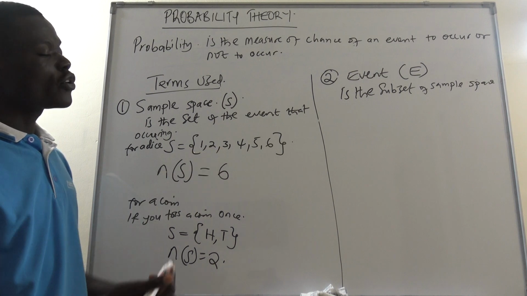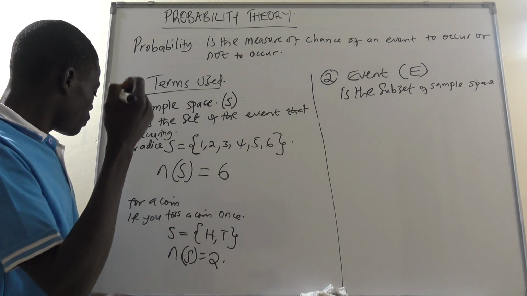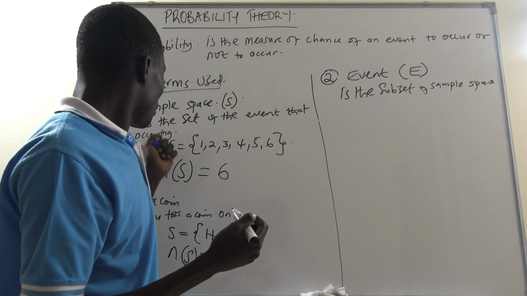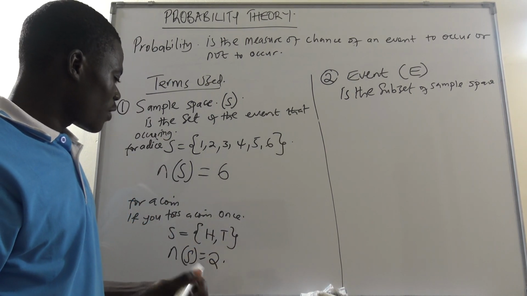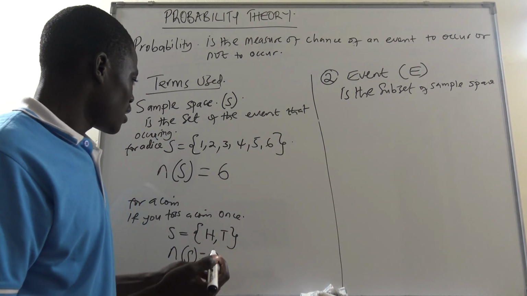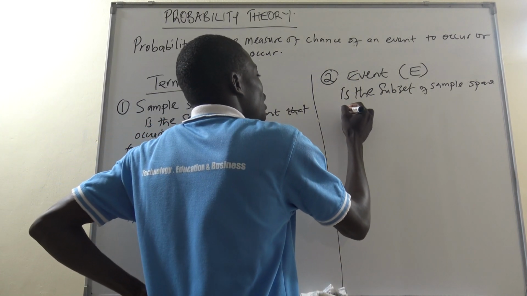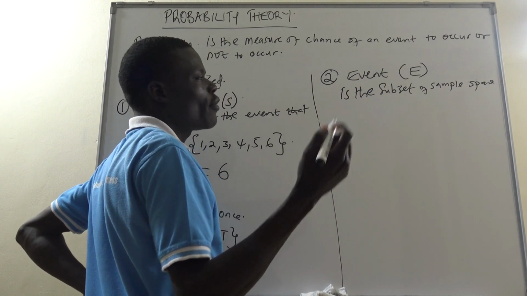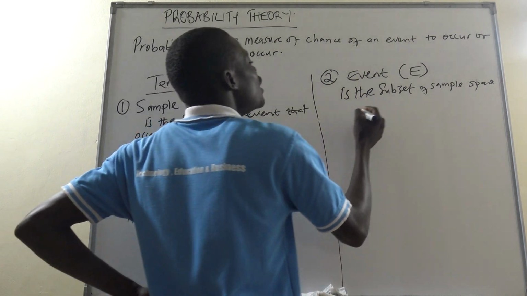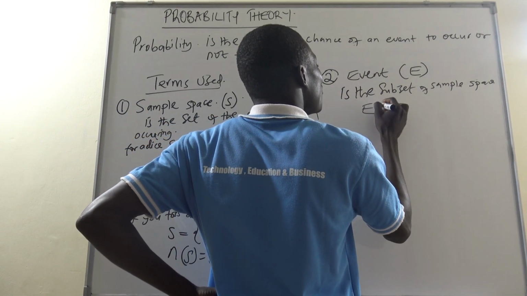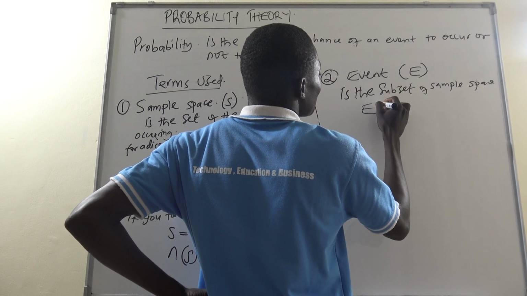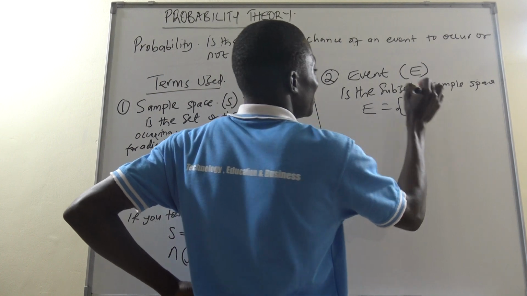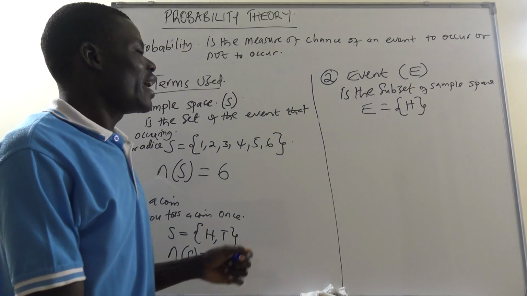If you toss a coin once and you say that out of that coin, I want a head, so you say that I want the event to occur as the head.